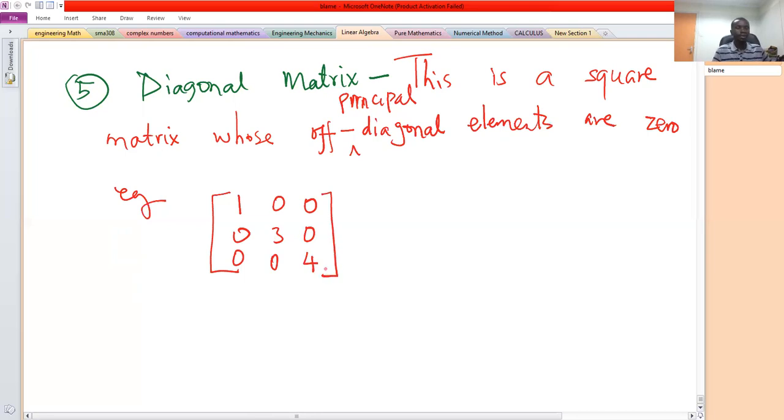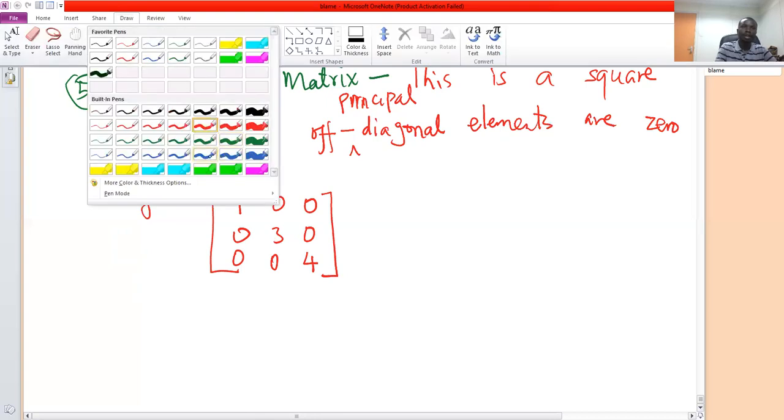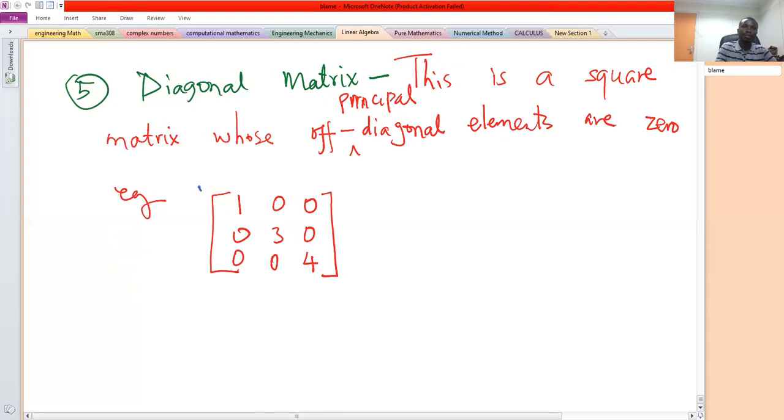This is an example of a diagonal matrix. All elements that are not on the principal diagonal are zero. Remember, the principal diagonal runs from top left to bottom right.